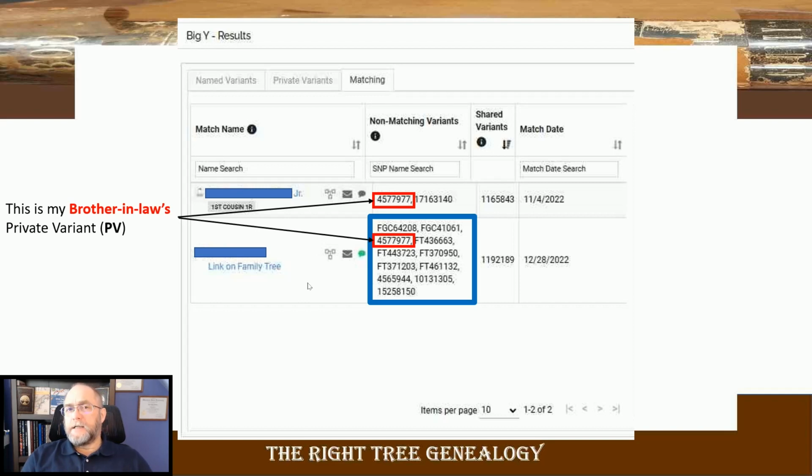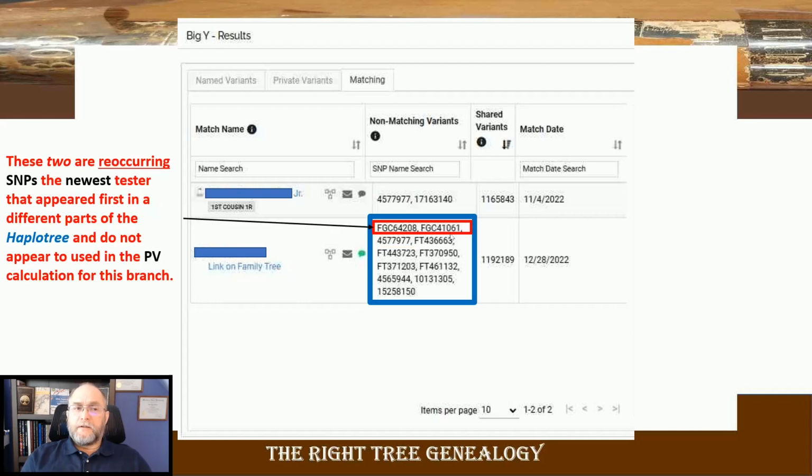If he had a son, we would expect to see that breaking into a defined or named variant. These are recurrent SNPs. They appeared in another part of the haplotree in the past. They are recurrent because it's the same variation between this one and where it appeared before.